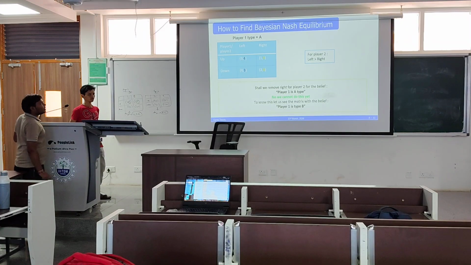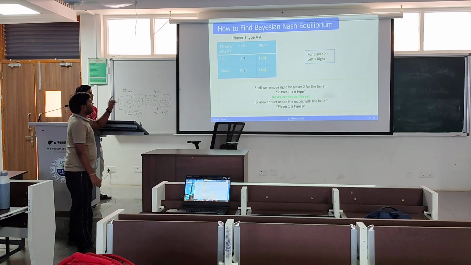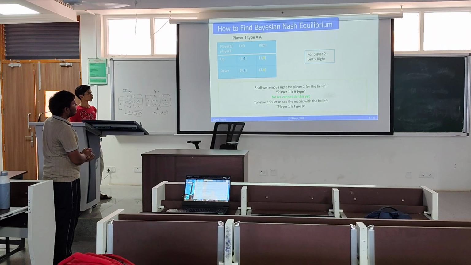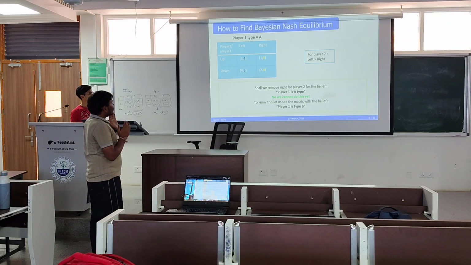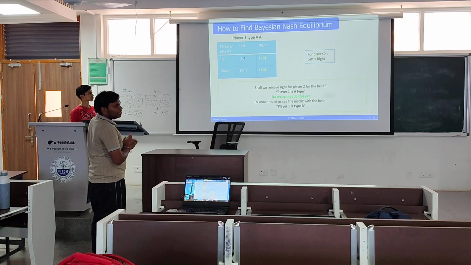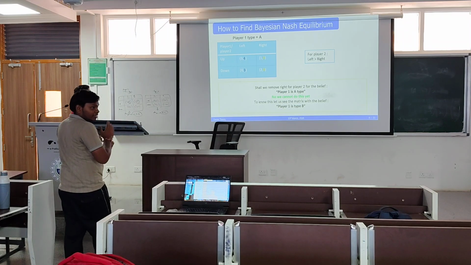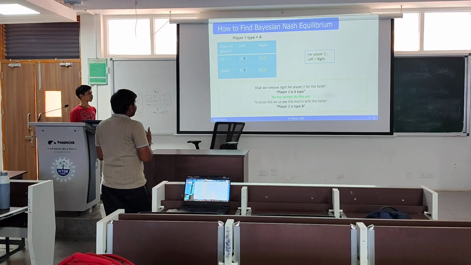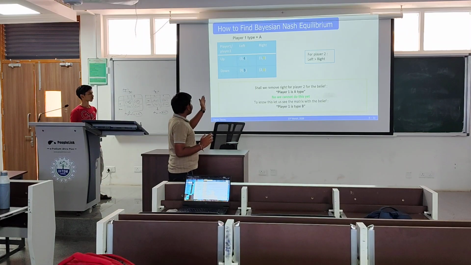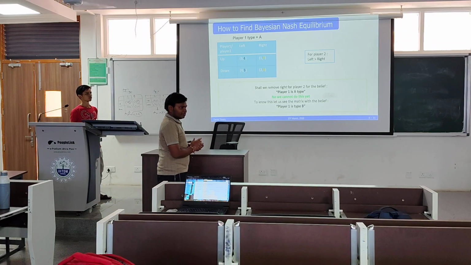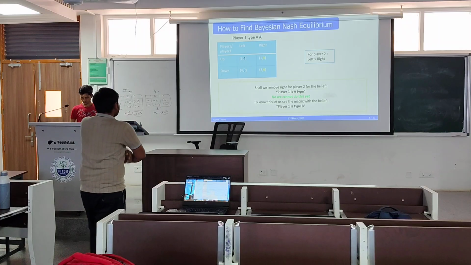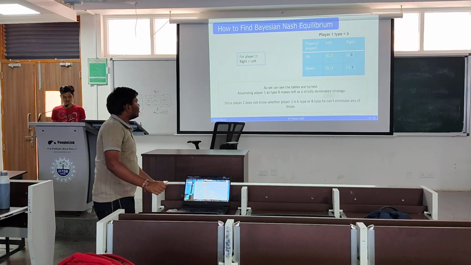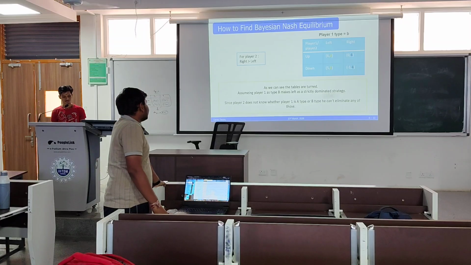If we consider the A type for player 1, if player 2 assumes that player 1 is type A, then left is a strictly dominating strategy. If he assumes that, we still cannot remove right yet. And in the second case, we will see that right is dominating left.